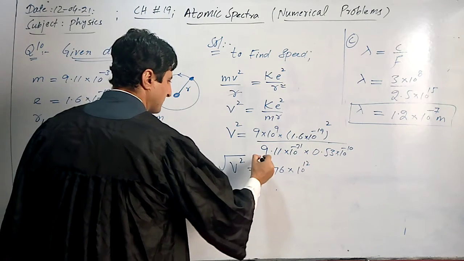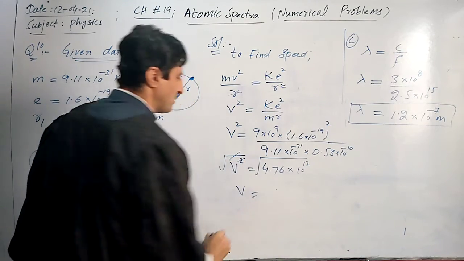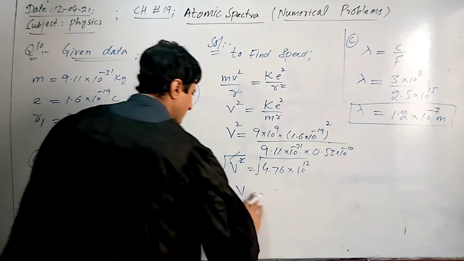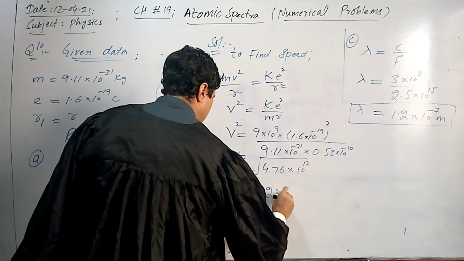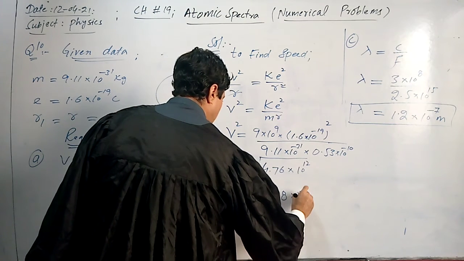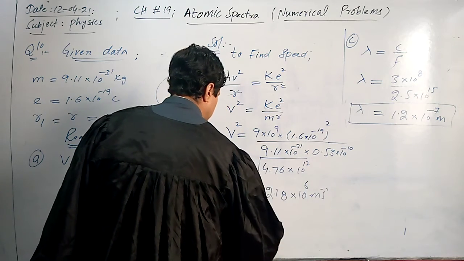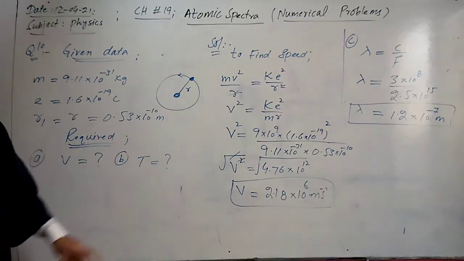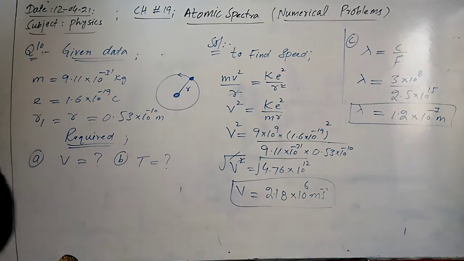So v is equal to how much? 2.18 multiplied by 10 power 6 meter per second, which is very high speed. It is in the power of 6. So the electron will revolve in this orbit with this speed or velocity.